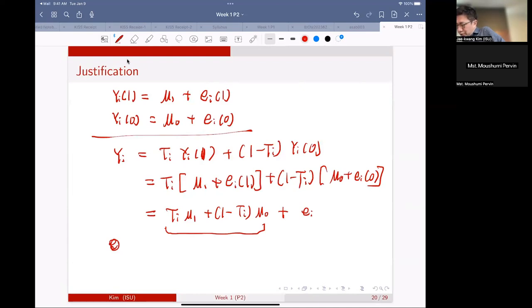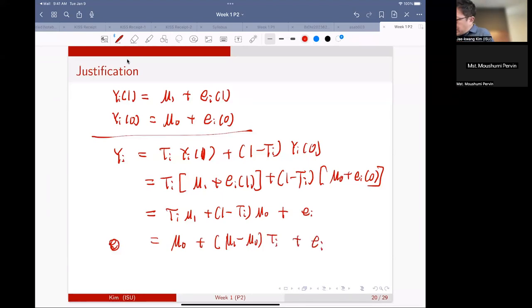But you can actually write mu0 plus (mu1 minus mu0) ti plus ei.